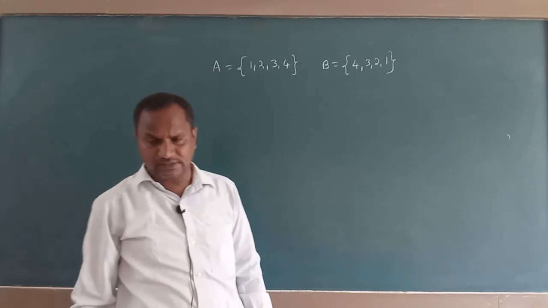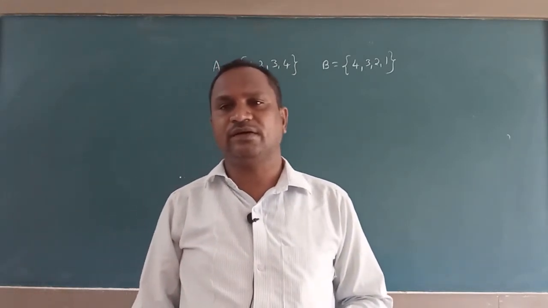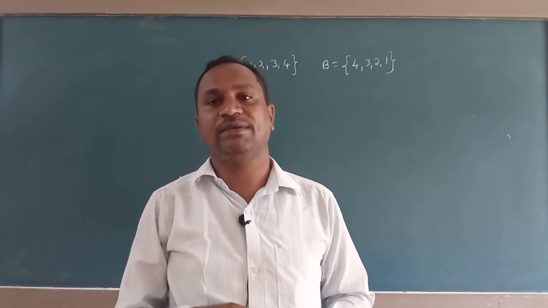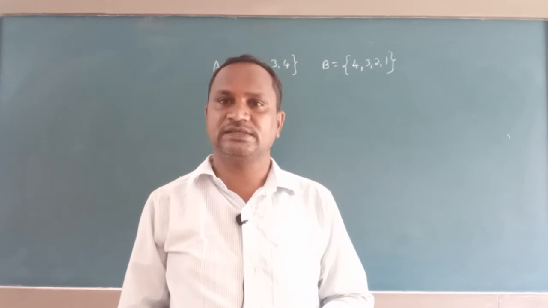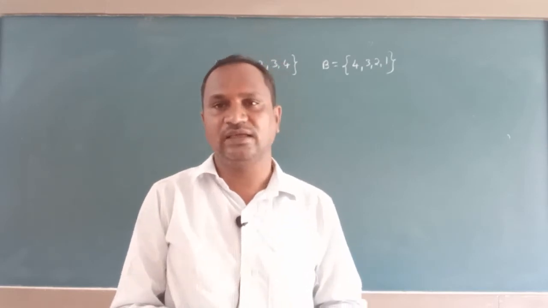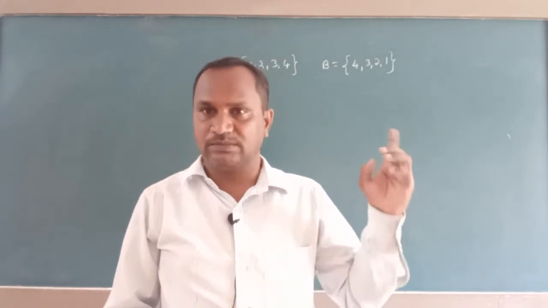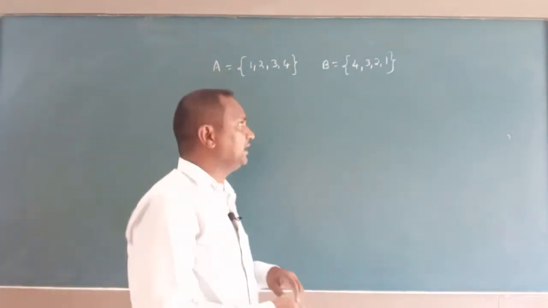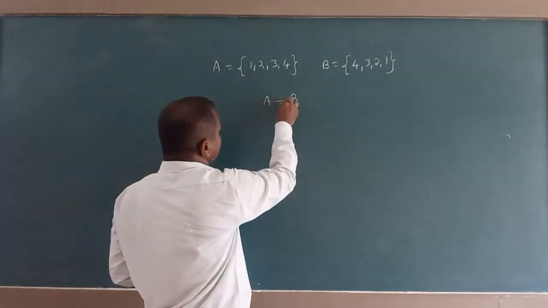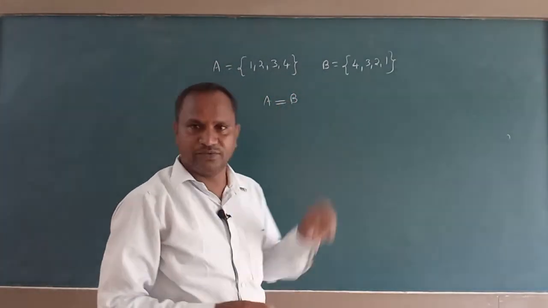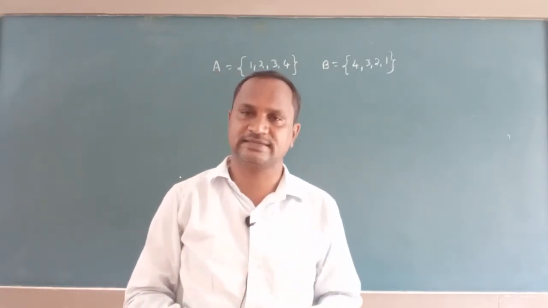In case of equal sets, if every element of set A is the element of set B, and every element of set B is the element of set A, then we call those two sets equal sets, and symbolically it is represented by A is equal to B here. That is the definition of equal sets, which I told you about in that class.